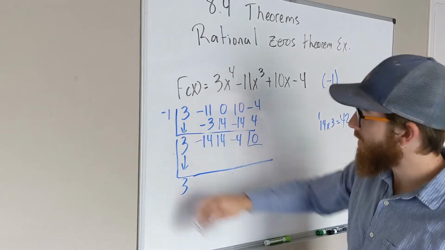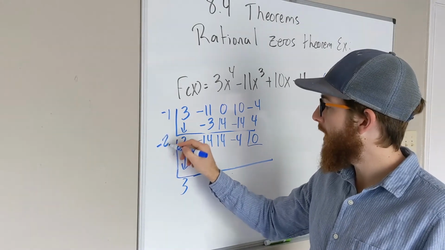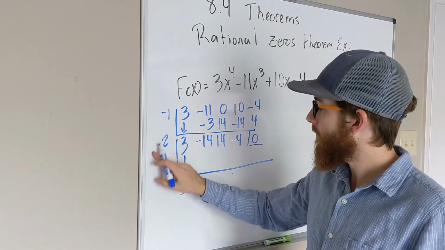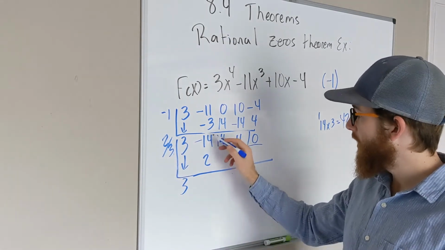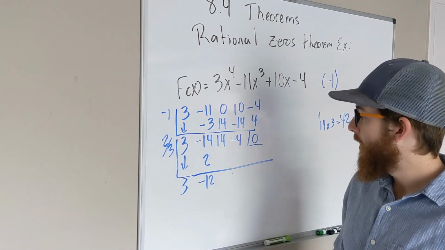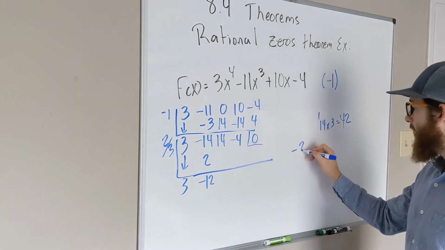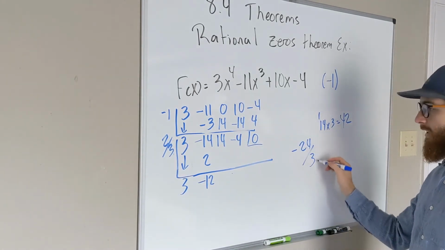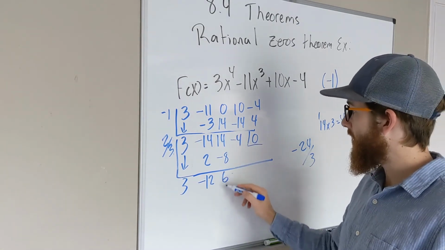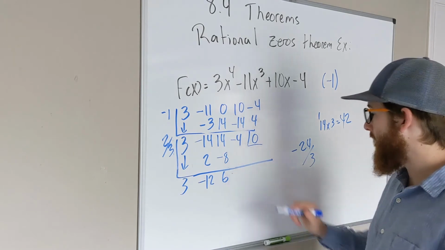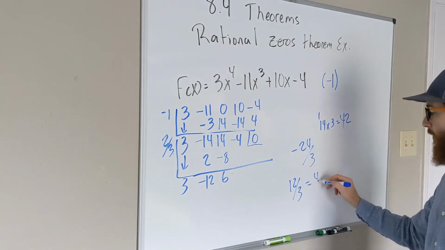So basically, you just have to check all of these until you get something that works. How about positive 2/3? 2/3 times 3 is 2, so that would be negative 12. What is 2 times 12? Negative 24 over 3. Well, that's negative 8. So that'd be 6. 2/3 times 6. 6 times 2 is 12 over 3 is 4.